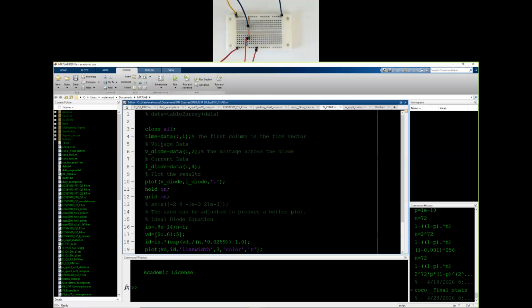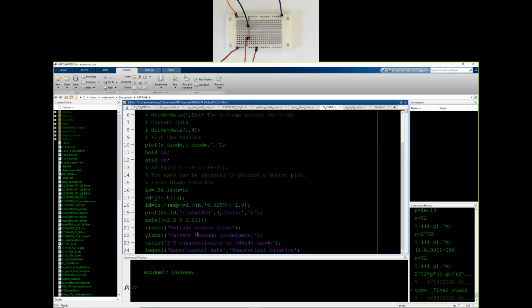And this is the same program that we looked at in the last class, or the class before that, where we were sketching the IV characteristic for the 1N4004 diode. We can actually use the same MATLAB script, but we will do some adjustments.